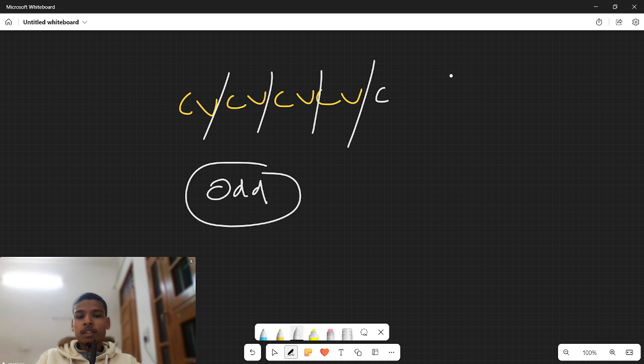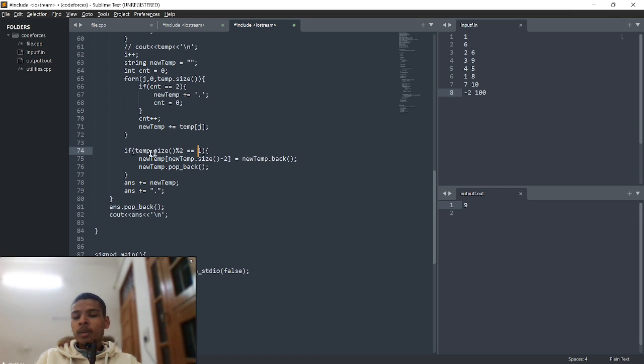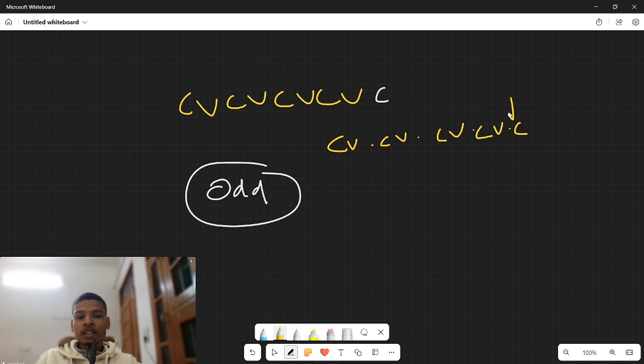For example, after placing dots, it should look like CV dot, CV dot, CV dot, CV dot, and C. So now if my temp size is odd, I will simply replace this character with this character, which means I will make it like dot and C. I will remove both the dot and C and simply place C here.